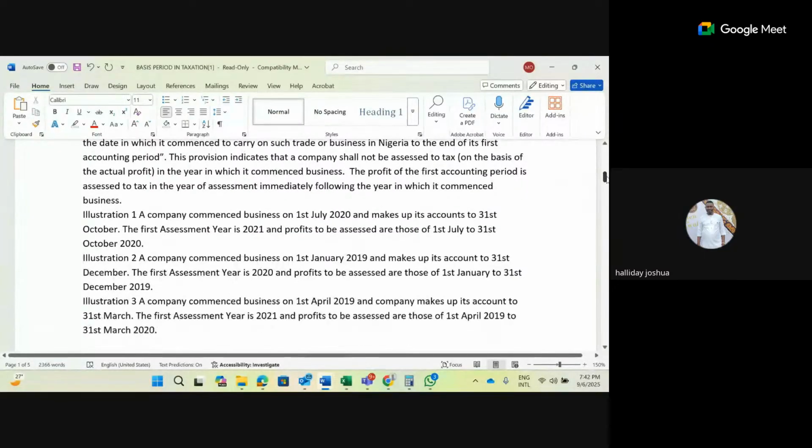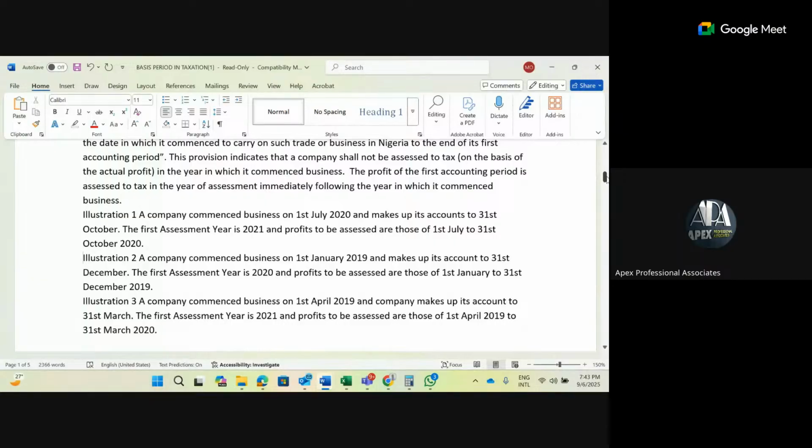Sir, please, I want to ask a question. So what you are saying is that we are not going to make use of the old rule again, even in the case of exams. If you are given a question and the year of assessment is from 2020, you make use of the new law.